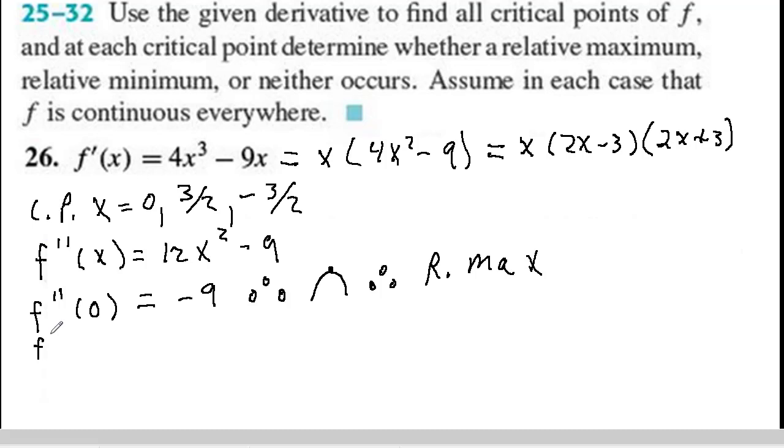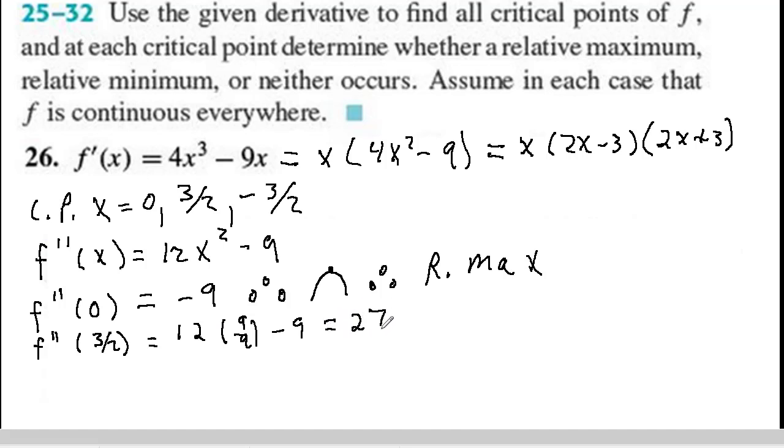When we evaluate our second derivative at 3/2, we will get 12 times 9/4 minus 9. 12 times 9/4, 4 goes into 12, 3 times 9 is 27.